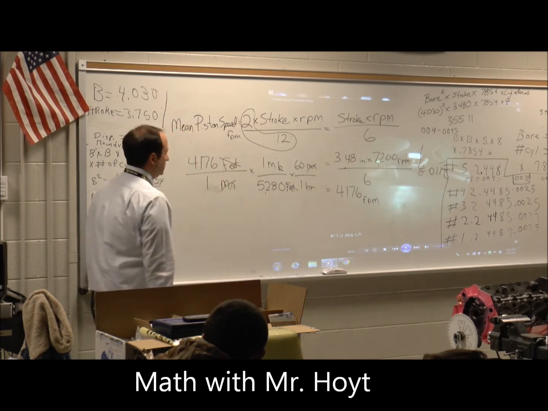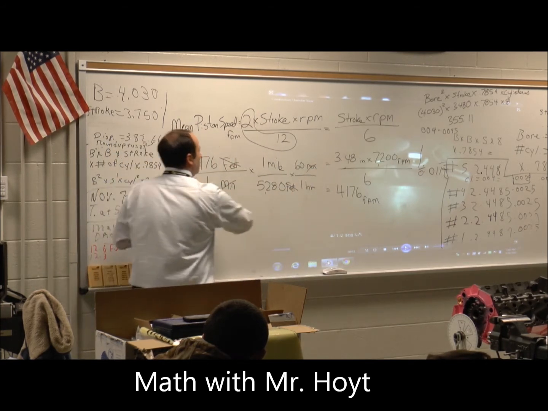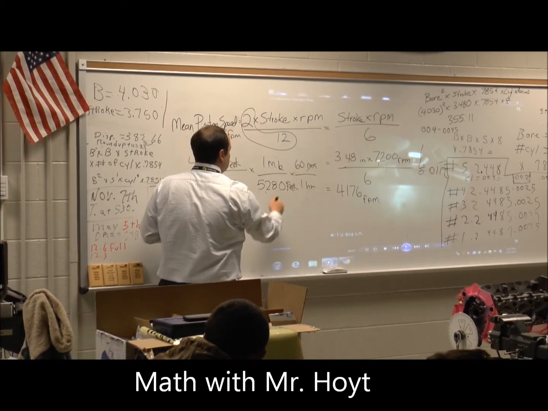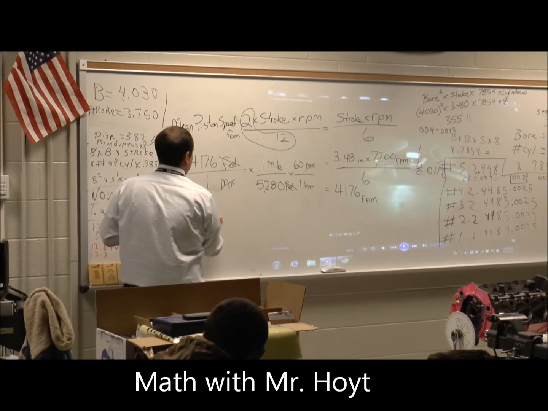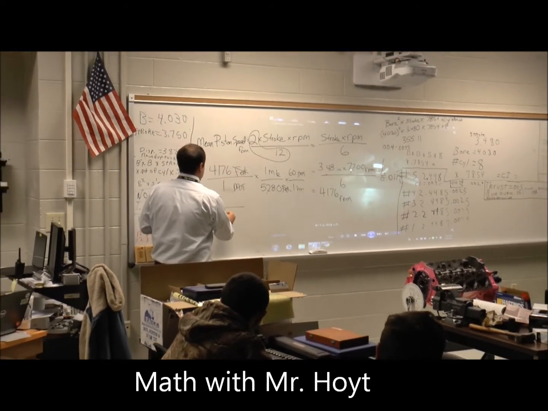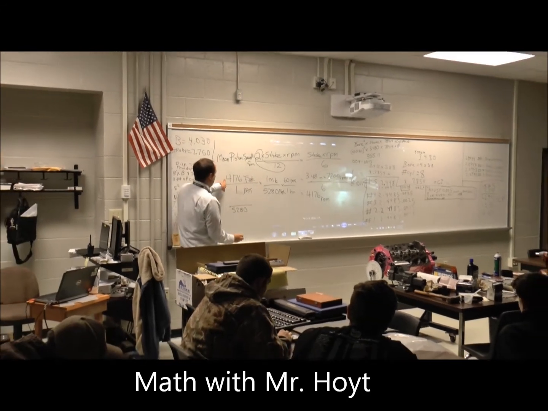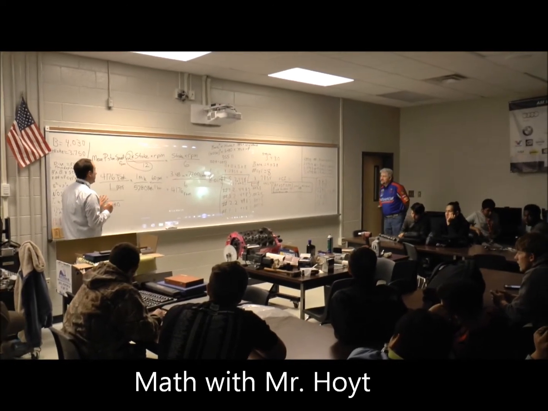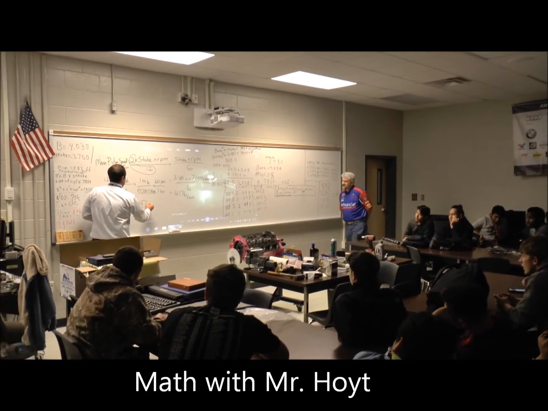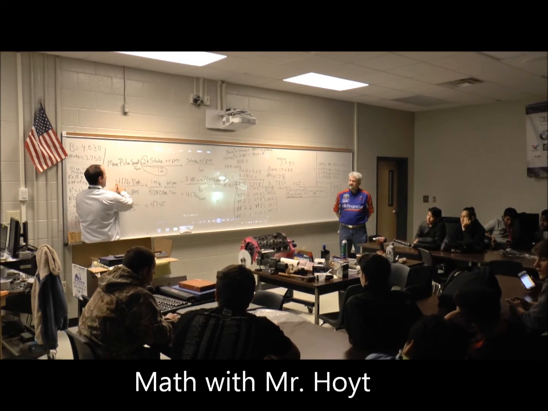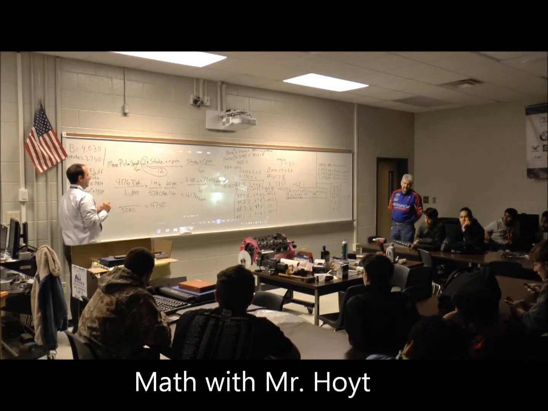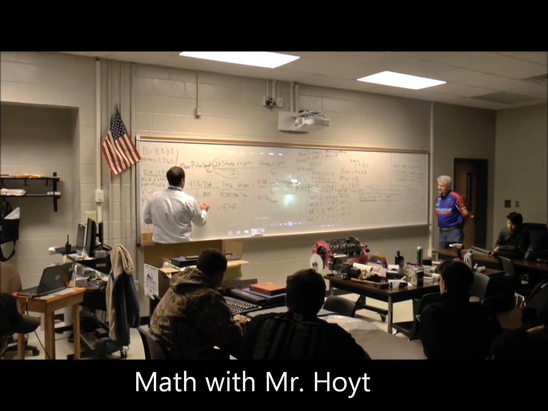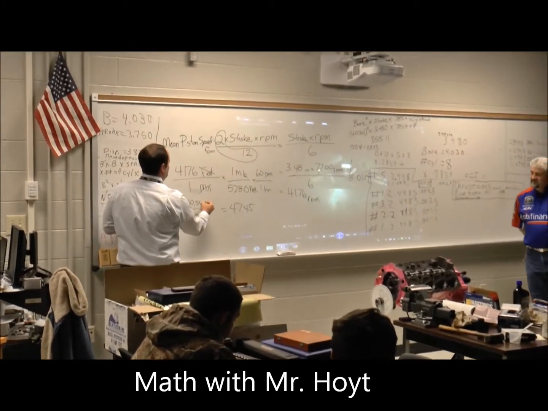So then again, minutes are gone. And then we just start multiplying across the top. So 4,176 times 60 over 5,280. Again, here's where a calculator helps. So 4,176 times 60. Well, what was 4,176 times 60? 250,560.